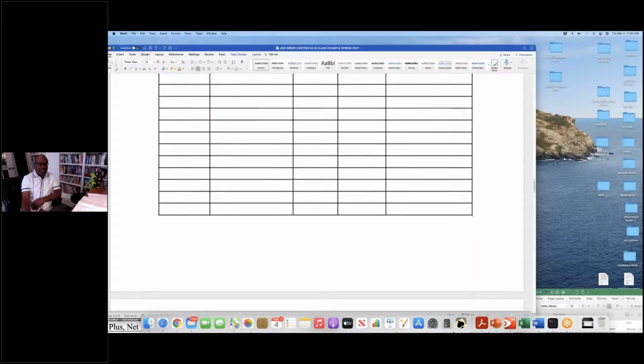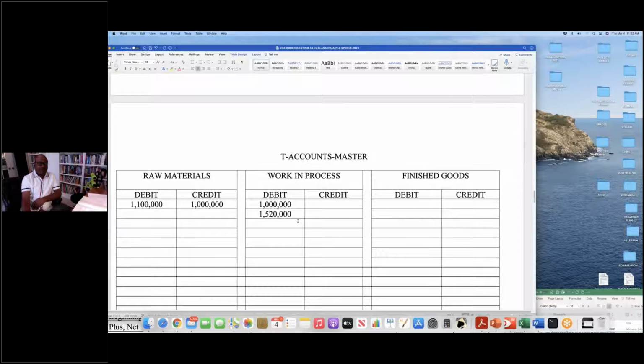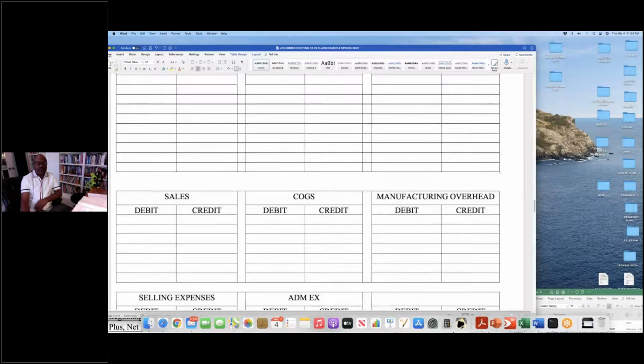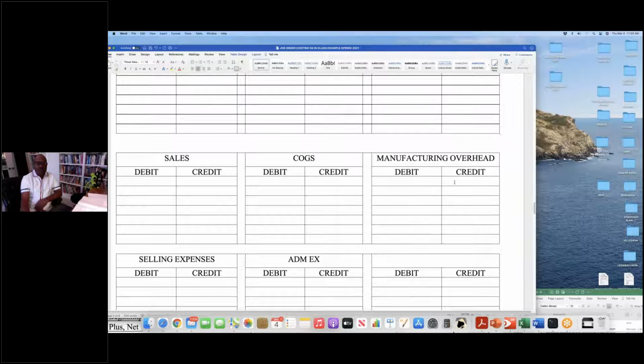So you debit work in process at 608,000. And what else are we going to do? We're going to credit the manufacturing overhead for 608,000. So this is our estimated overhead.